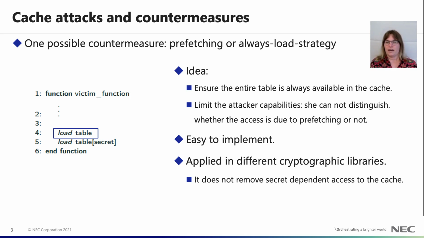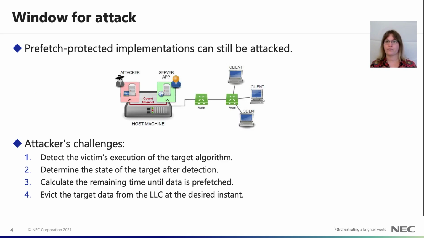This makes it harder for the attacker to know if the table at the point secret is in the cache because the victim used it or because of the prefetch. It's an easy-to-implement countermeasure, and it's applied in different cryptographic libraries. However, as you can see, it does not remove the secret-dependent access to the cache from the code. This means that an attacker still has a window for attack in prefetch-protected implementations.